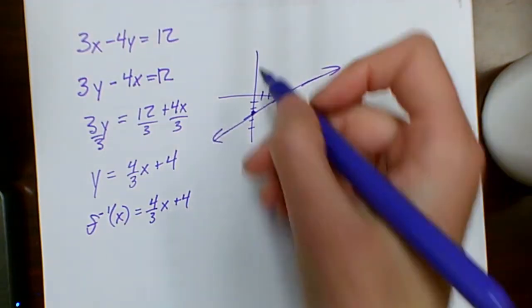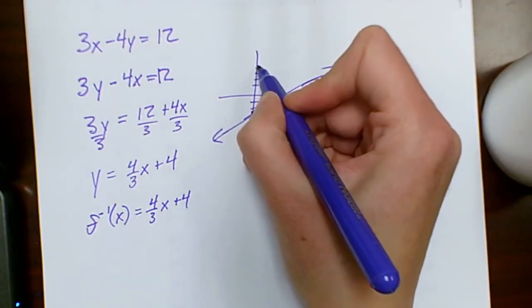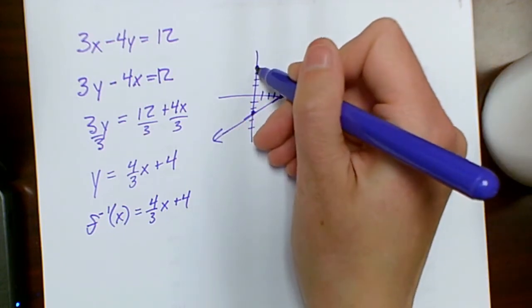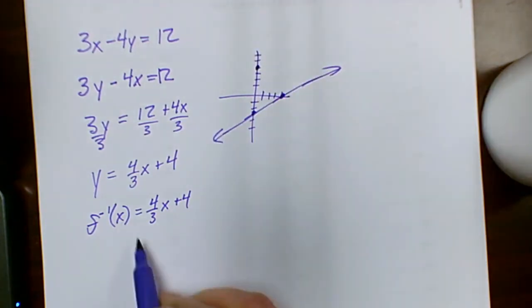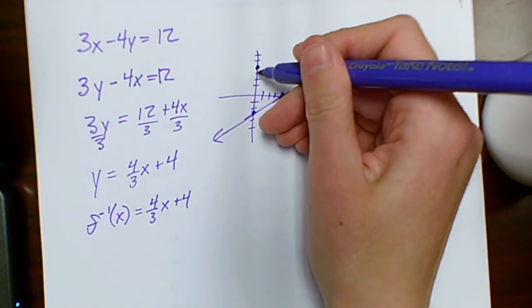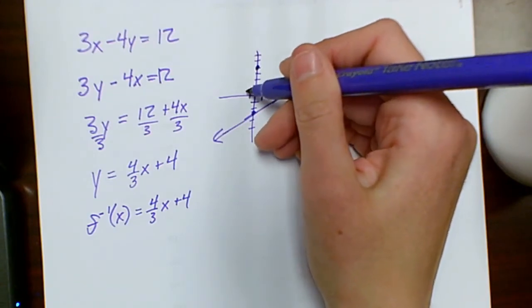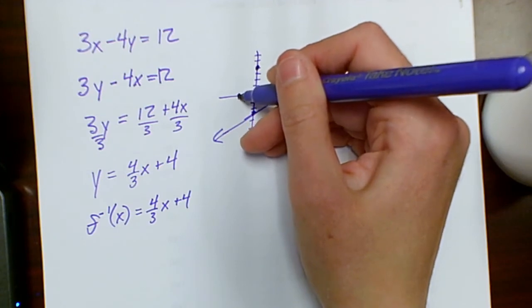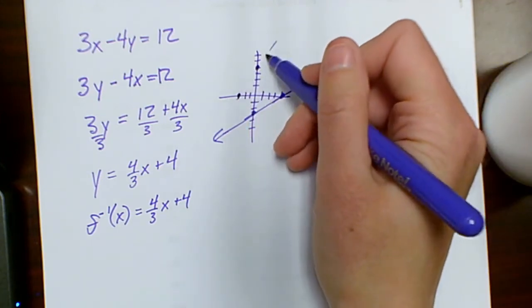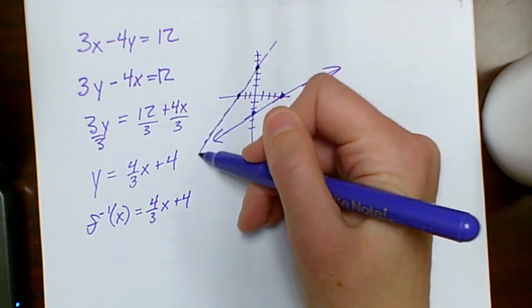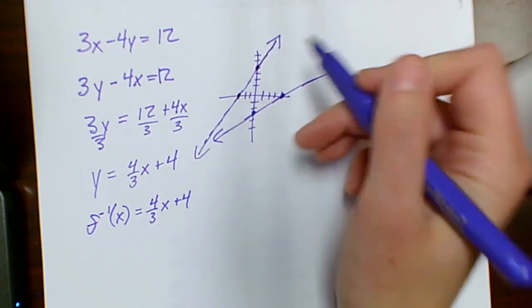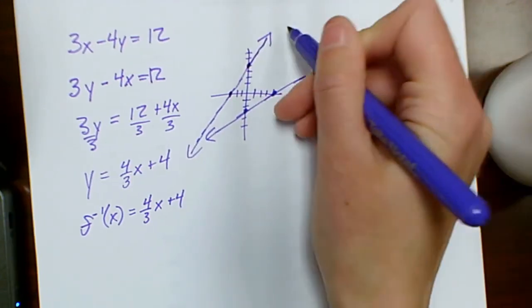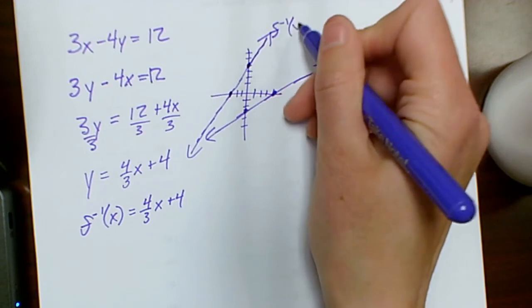And then here we have up 4. And then if we execute our slope, I can go down 4 and left 3. And there's our f of x and our inverse of f of x.